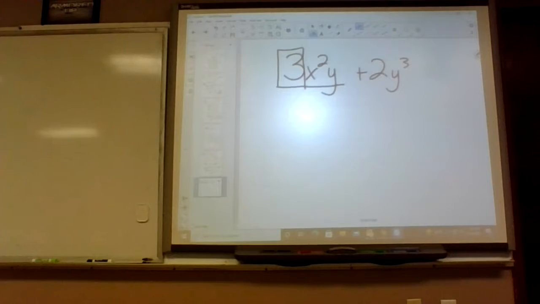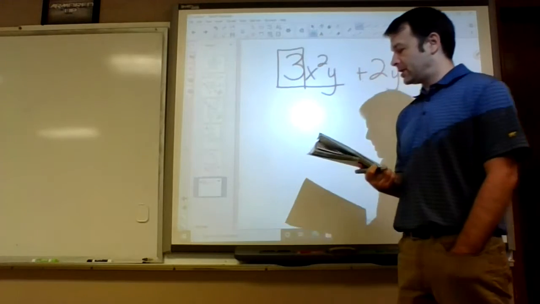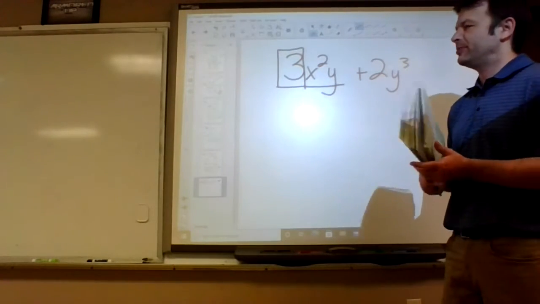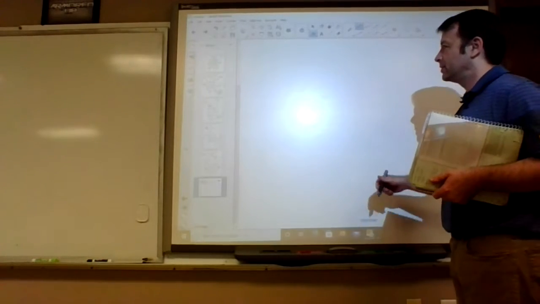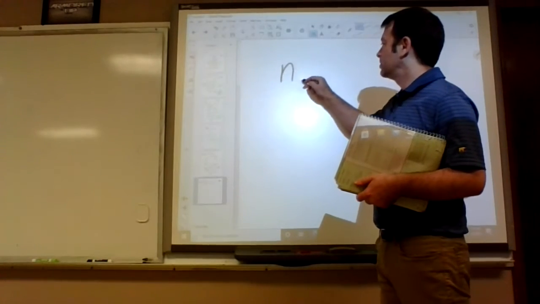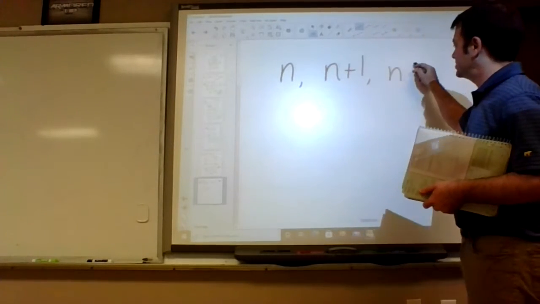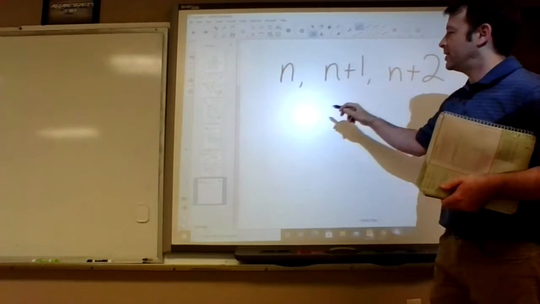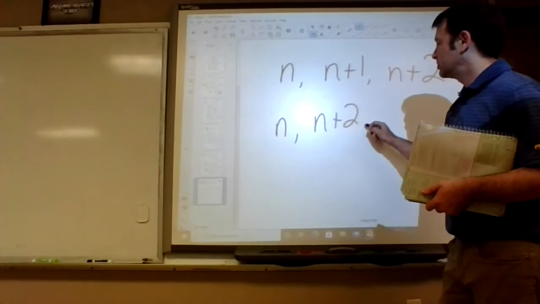Okay. Number 4 says the product of 3 consecutive odd integers. You guys remember how we wrote consecutive integers? Consecutive integers look like this, but consecutive odds look like n, n plus 2, and n plus 4.